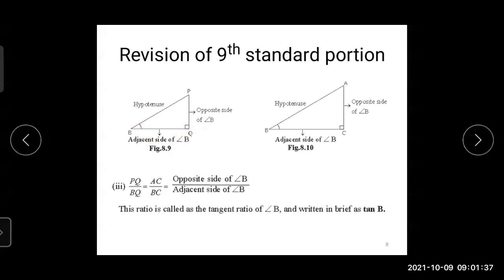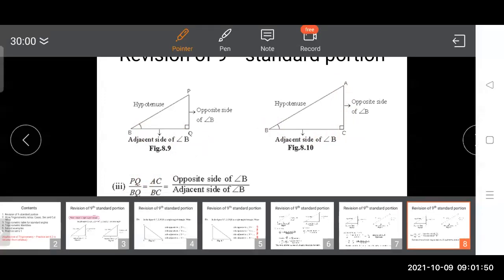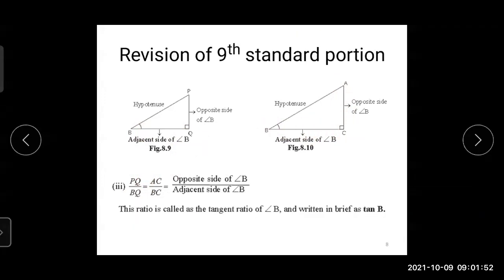So now in the second figure, opposite side of angle B is AC, and adjacent side is BC. So PQ upon BQ is equal to AC upon BC, that is opposite side of angle B upon adjacent side of angle B. This ratio is called the tangent ratio of angle B, and it is also written in brief as tan B. You have already studied these three ratios in 9th standard.